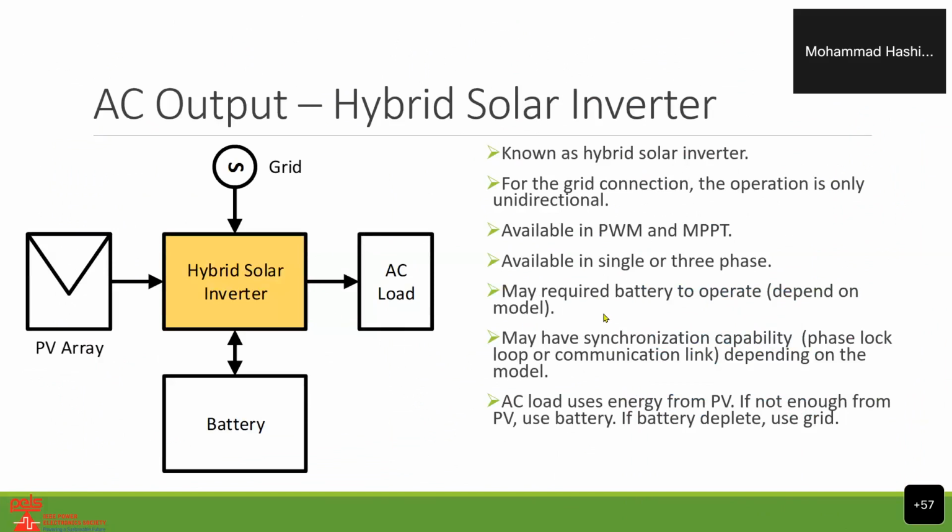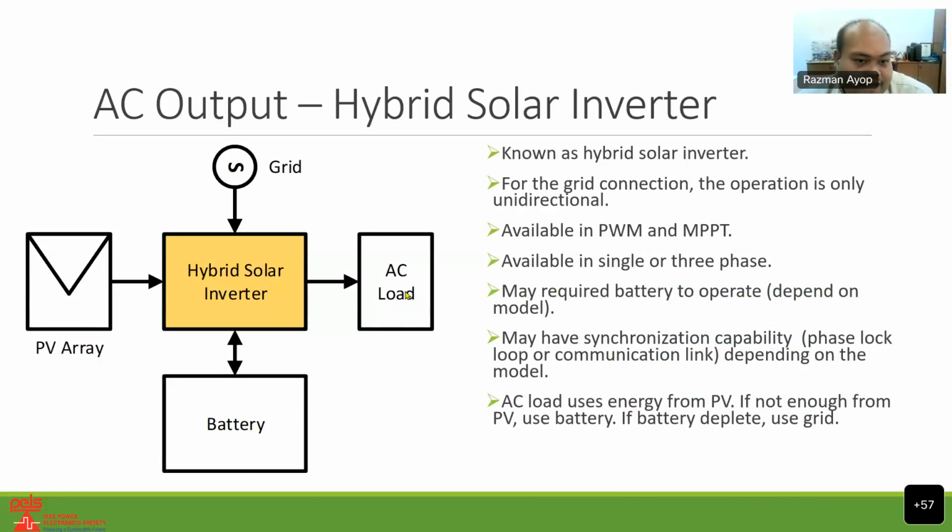Is there any type of it that will supply your load if the grid is offline and you don't have a battery? Can it supply your load directly from the PV if you have sufficient radiation, or is it impossible? This one, I think some of the models can operate without the battery.